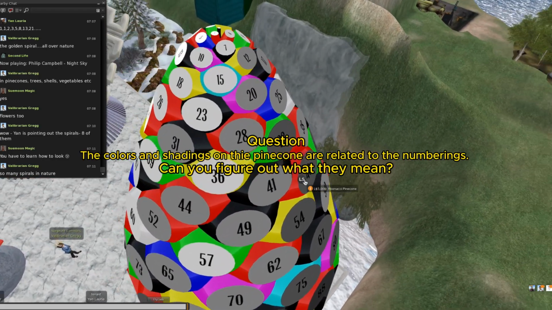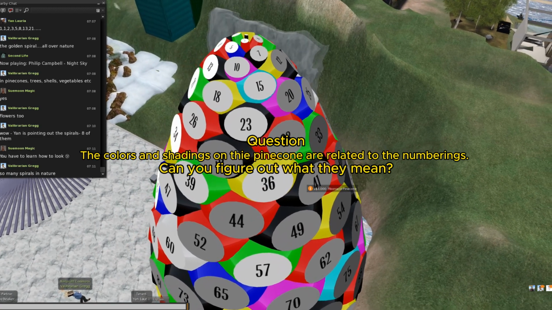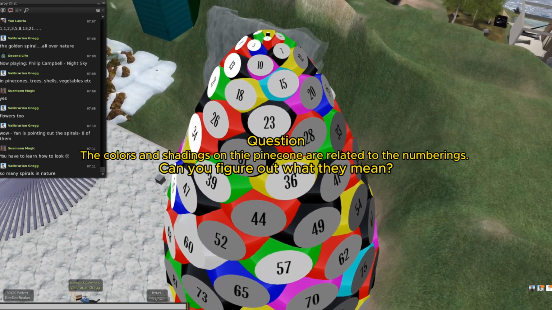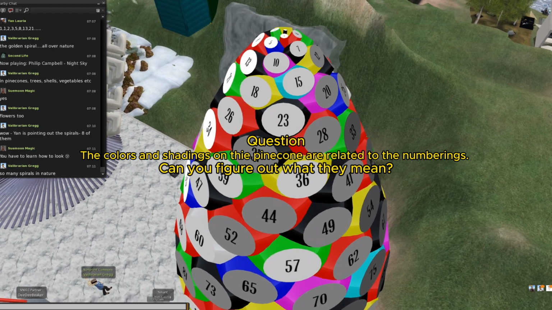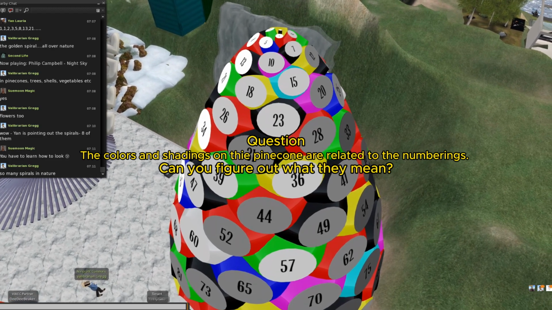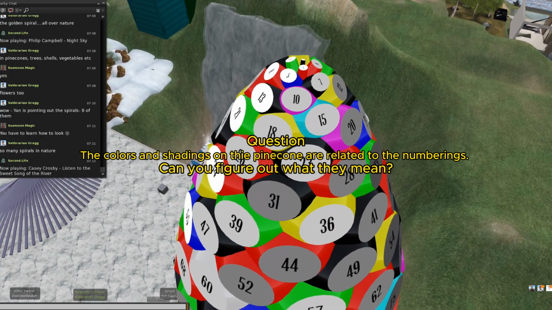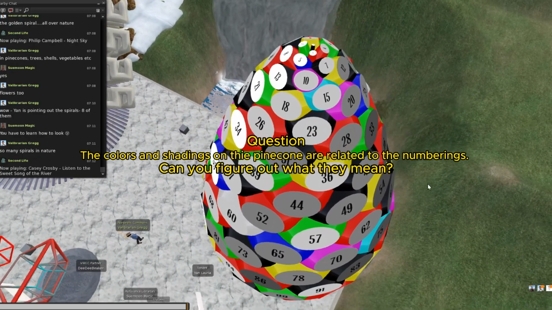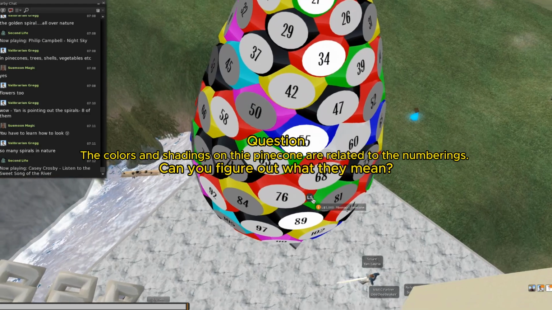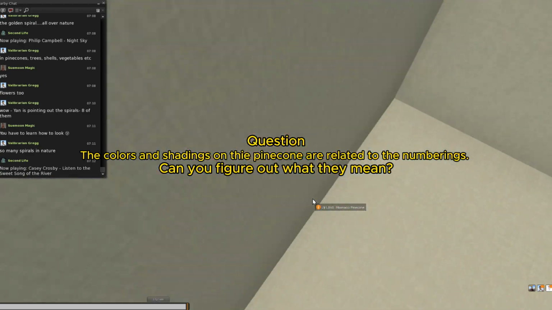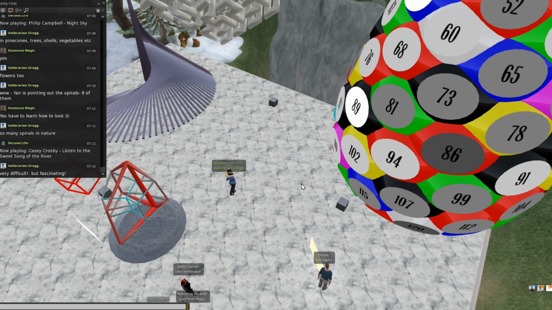There is some reason the colors and the shading on this sculpture are related to the numbering. Can you figure out what they mean? I searched for information on the web, but I could not get the answer.